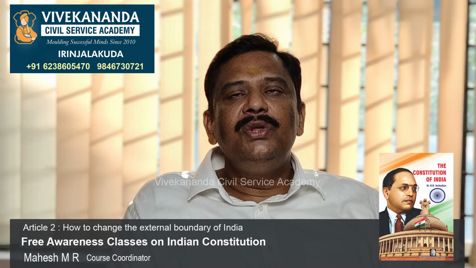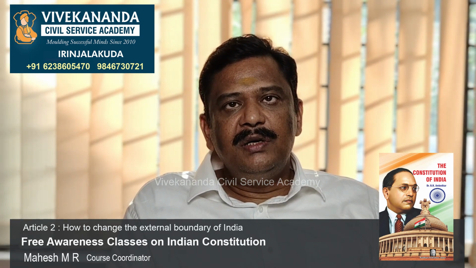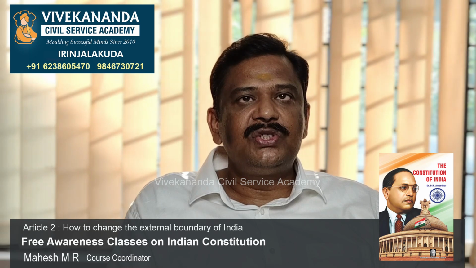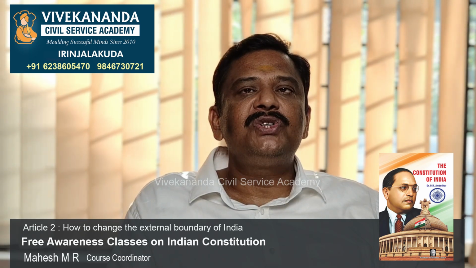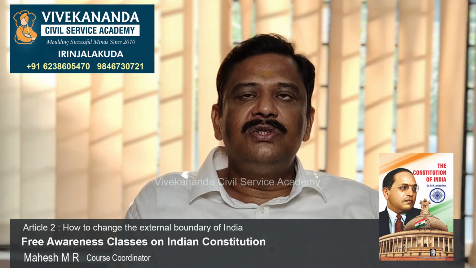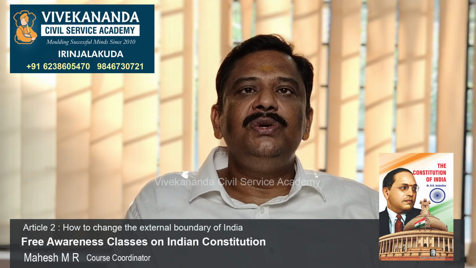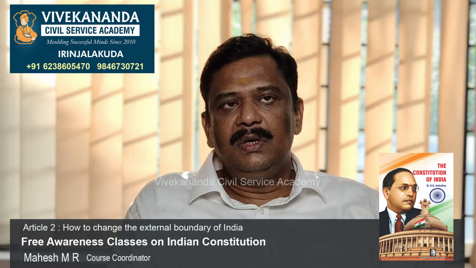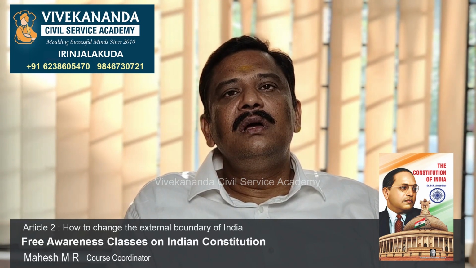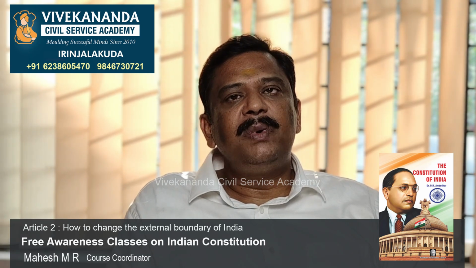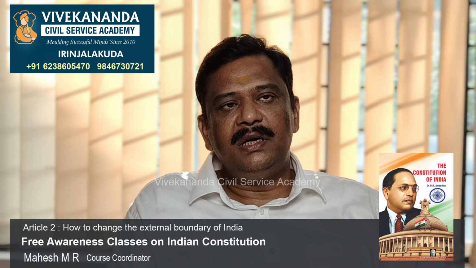The directly ruled territories contained 11 governors' provinces and 4 chief commissioners' provinces, whereas the princely states numbered 552. And in 1947, the British decided to partition India into India and Pakistan.